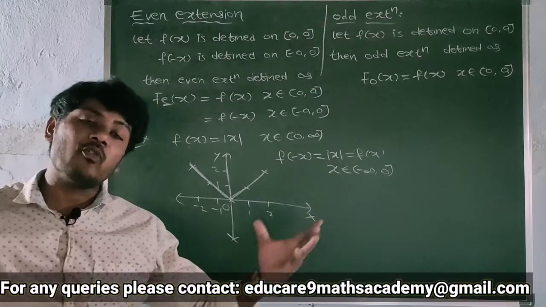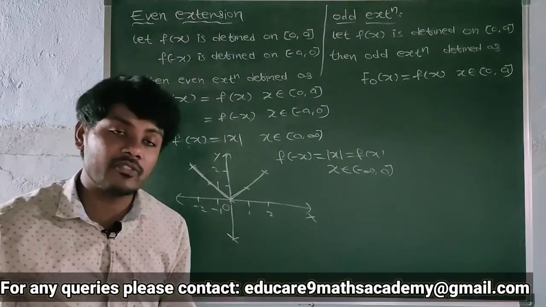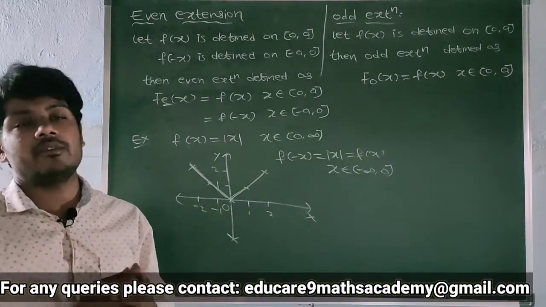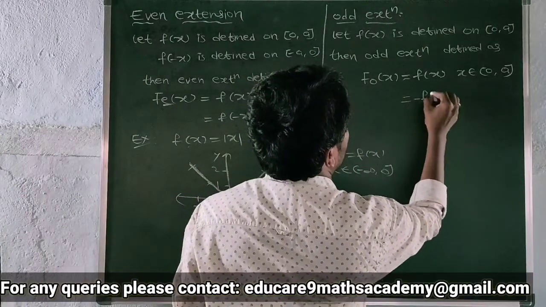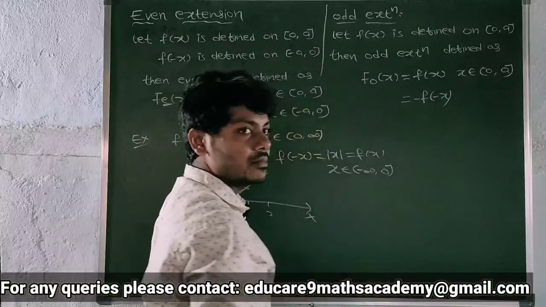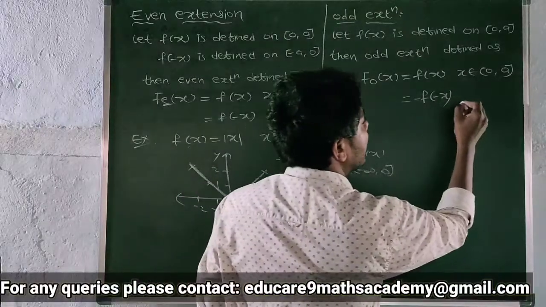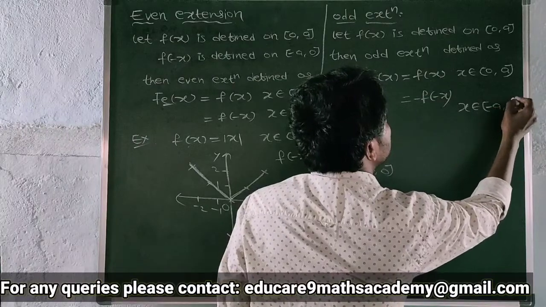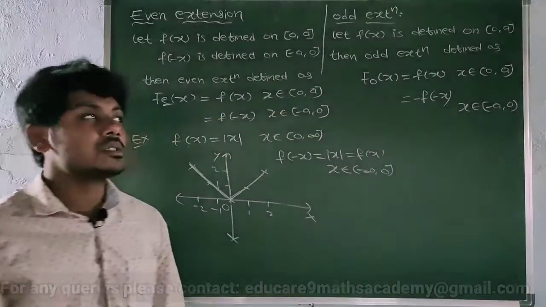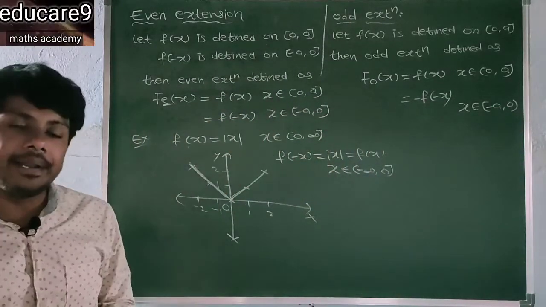Then what is f of minus x in an odd function? Minus f of x. So that is minus f of minus x, where x belongs to minus a comma 0.